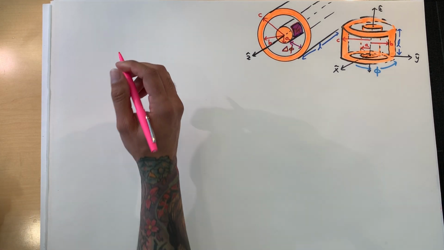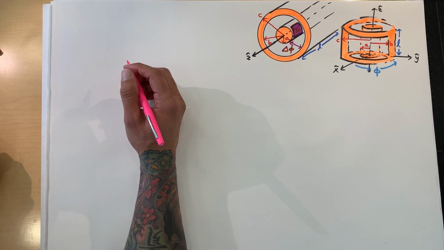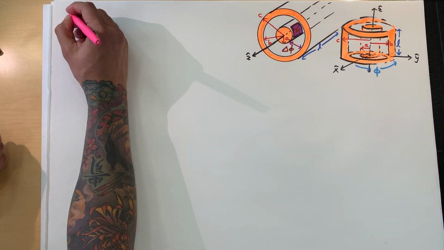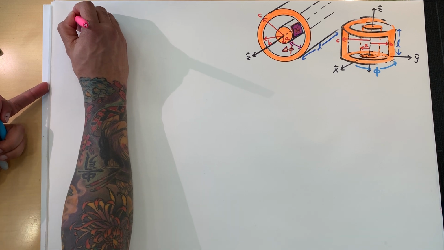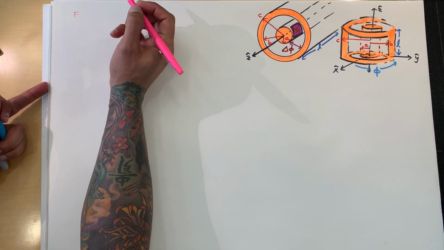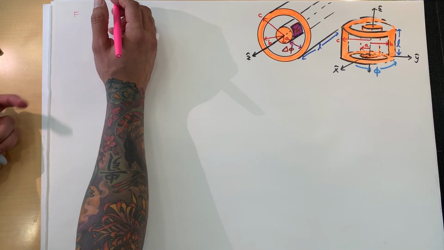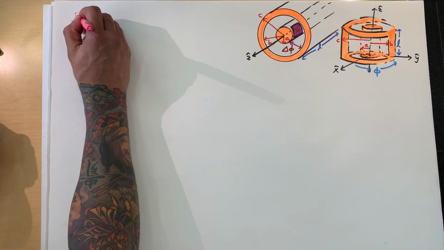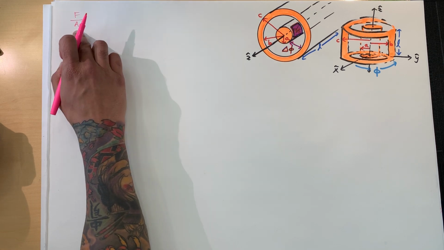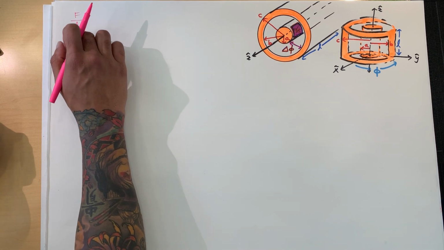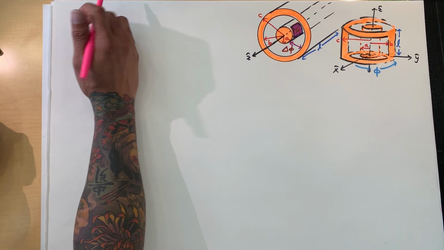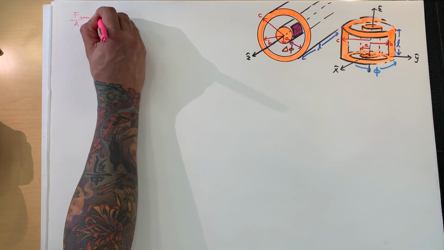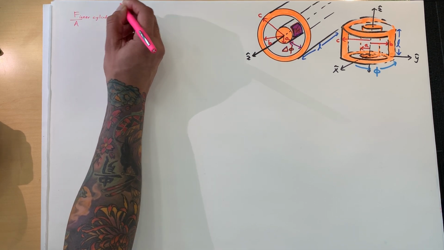So first, they want the magnitude of force per unit area on the surface of the inner cylinder. So they want the force, okay, let's say the force per unit area. So force per unit area, right, divided by area of the inner cylinder. So force of the inner cylinder.